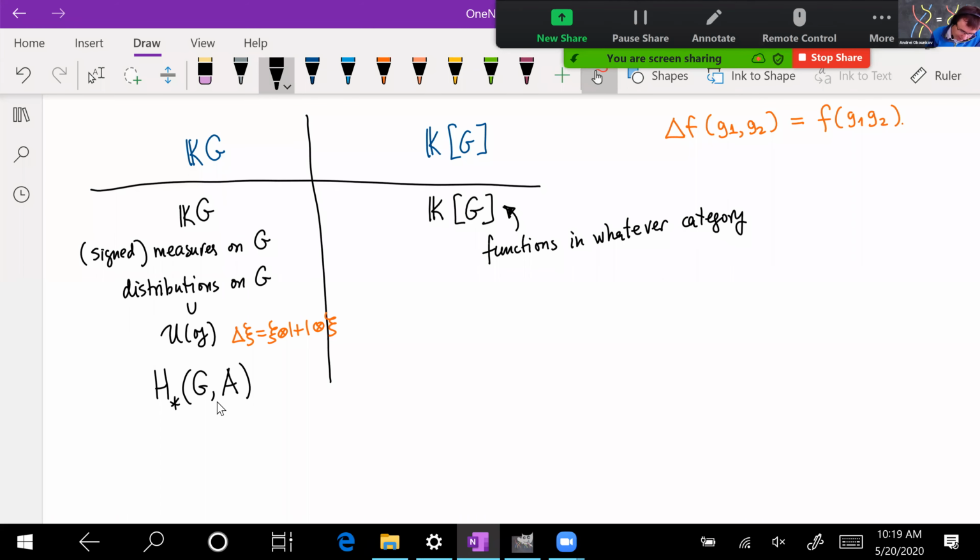But then the analog of homology is cohomology with arbitrary coefficients in a ring. So A has to be a ring, so it needs to multiply. And this is the case, this is the original case investigated by Hopf.